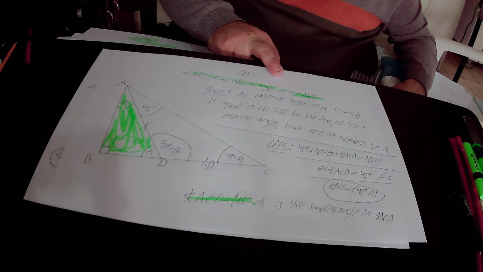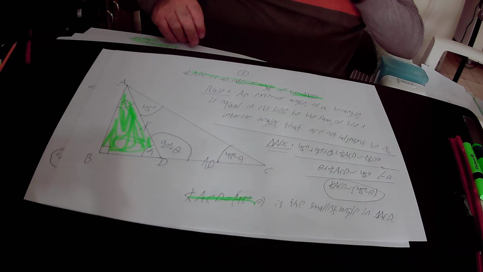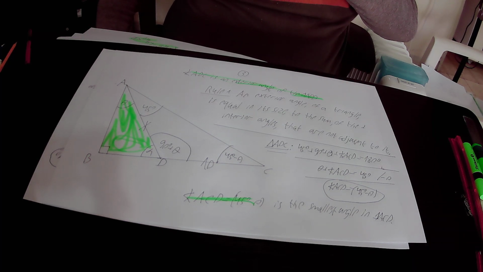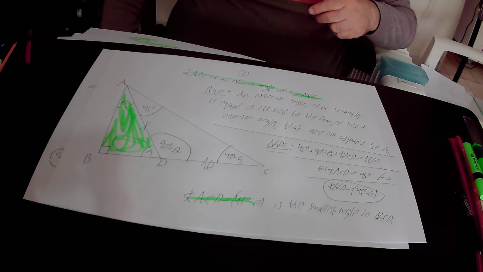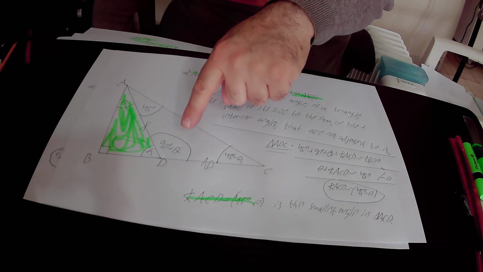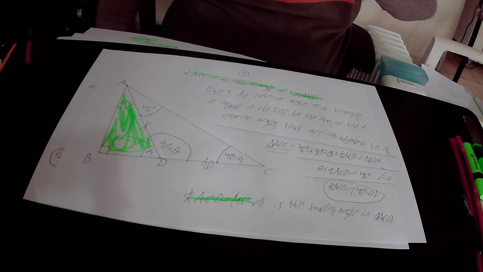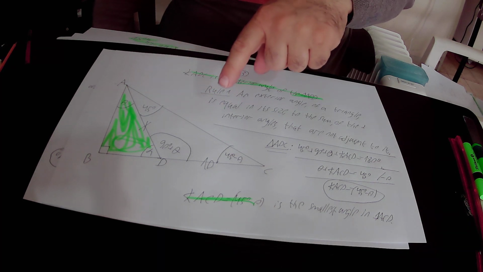Okay, and we have rule number 1. According to rule number 1, the exterior angle of a triangle is equal in size to the sum of the two interior angles that are not adjacent to it. So according to rule number 1, the value of the exterior angle ADC will be equal to the sum of the two interior angles that are not adjacent to it.